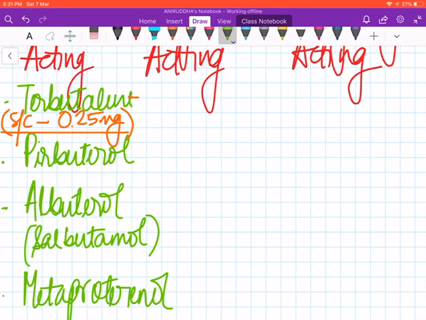Now the long-acting beta agonists include salmeterol and formoterol.